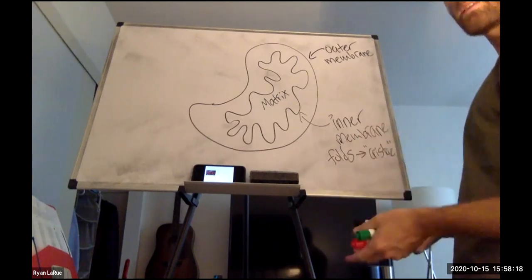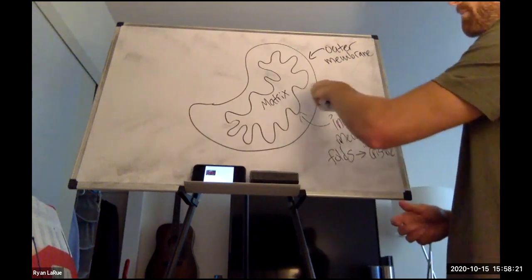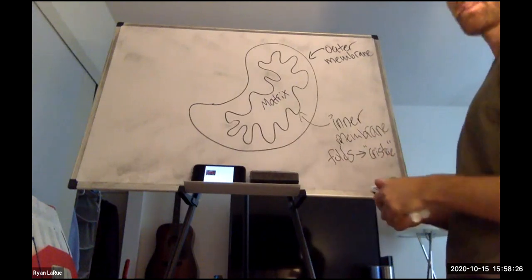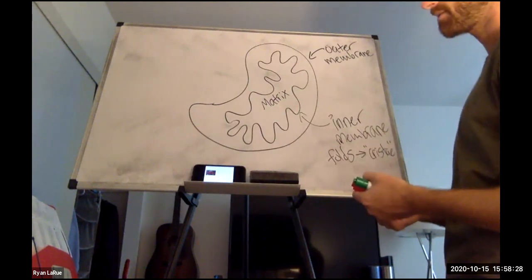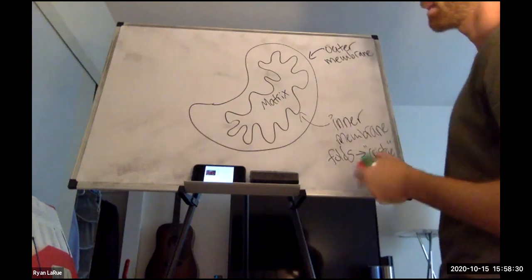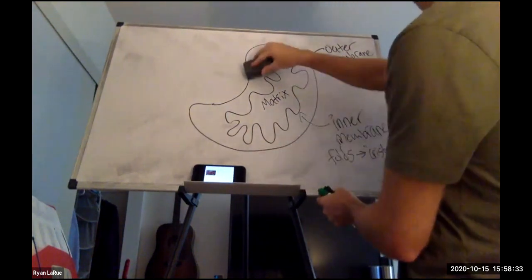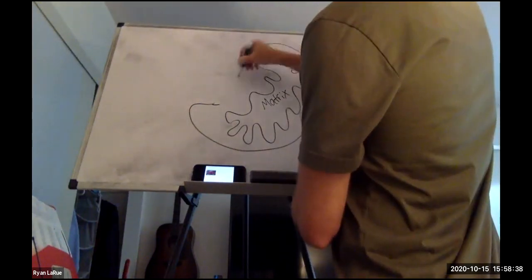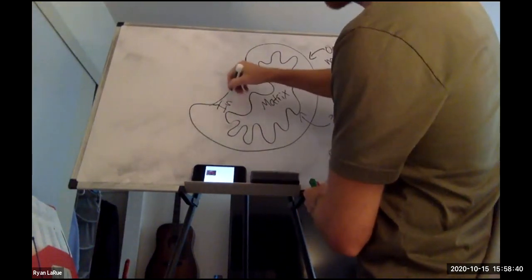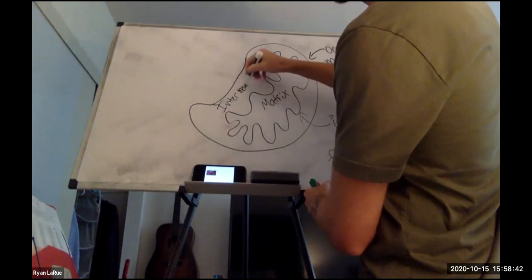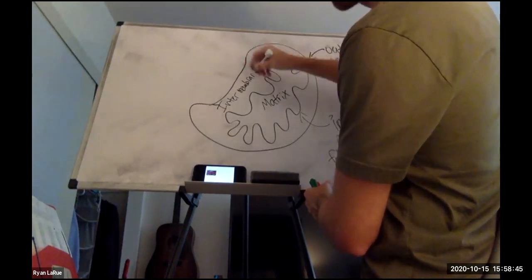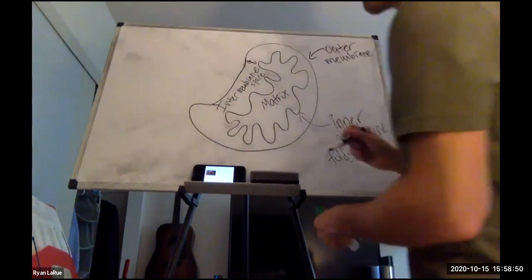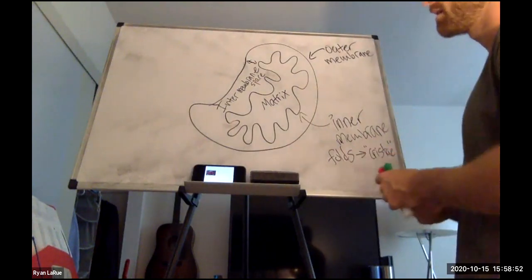And the space between the membranes is called, appropriately, the intermembrane space, which is in between the outer and the inner membrane.